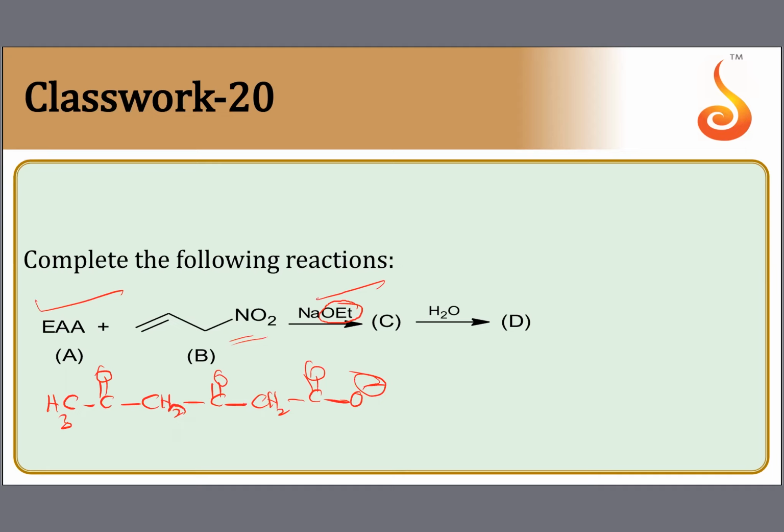Here this is alpha hydrogen, more and more acidic because it is present between two strong electron withdrawing groups.